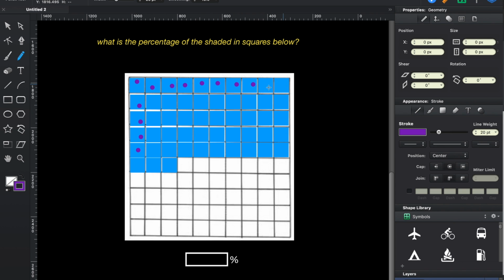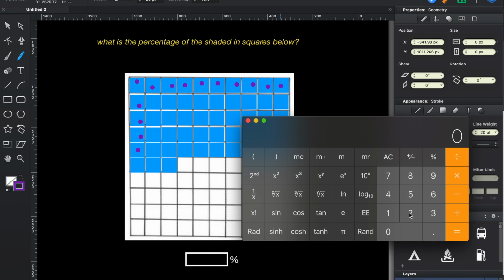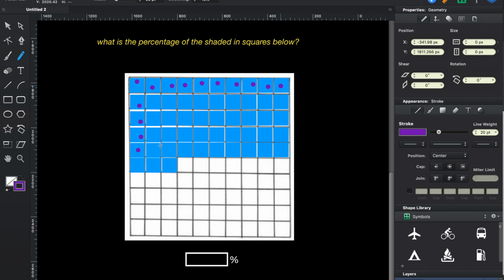So we have 5 times 10, which is 50. So these squares are 50, and now we can include these squares back in.